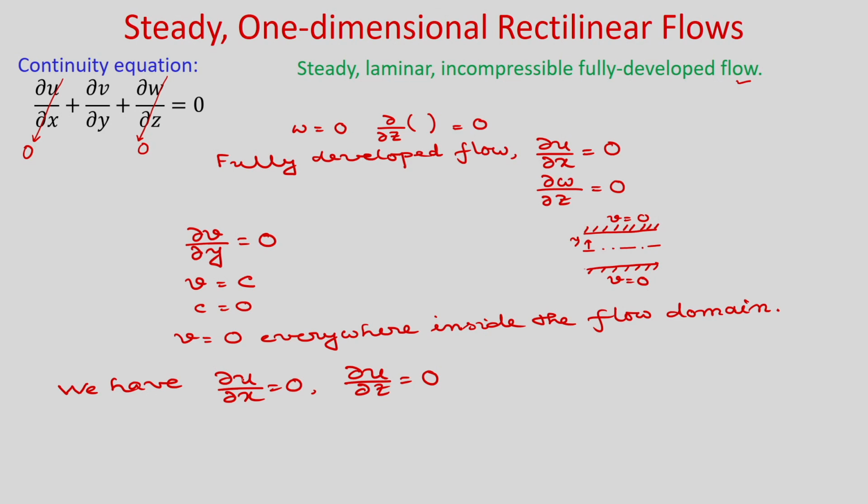So, obviously u is not function of x, u is not function of z. So, that means u is function of y only, and as it is steady flow, obviously it is not function of time. So, u is function of y only.